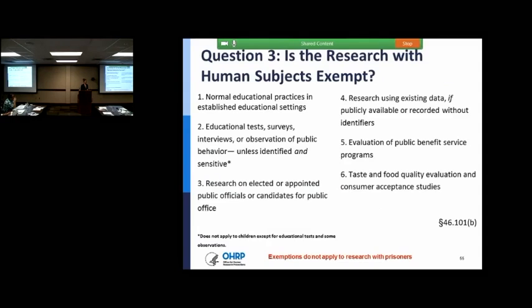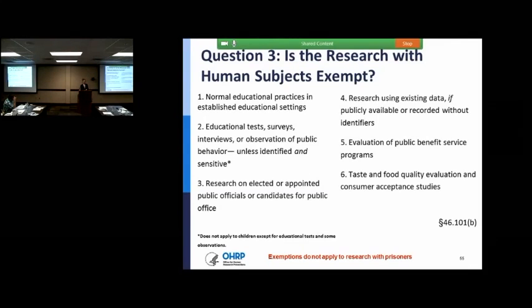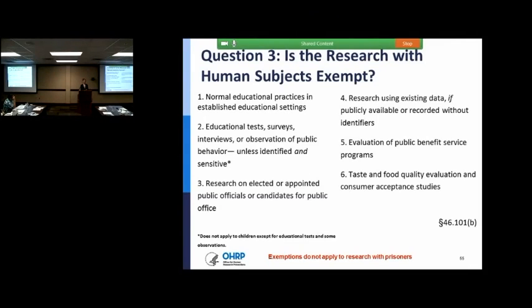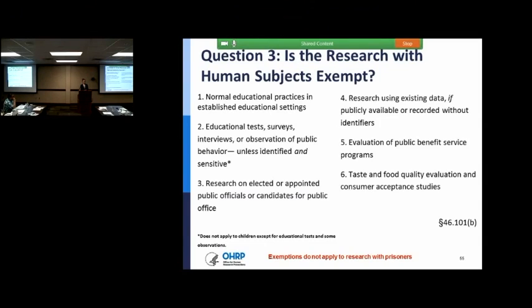So once you've decided that the activity is research, it is human subjects research, then you can think about whether or not this particular human subjects research is exempt from the regulations. The pre-2018 regulations have 6 exemptions. We'll go through them pretty quickly. Normal educational practices in established educational settings; educational tests, surveys and interviews, or observation of public behavior, unless the information is identifiable and sensitive.